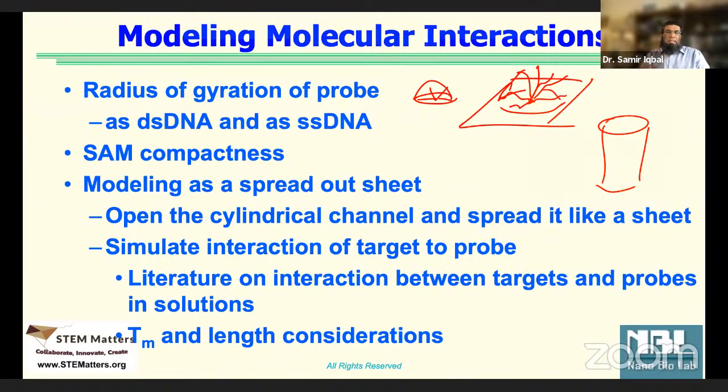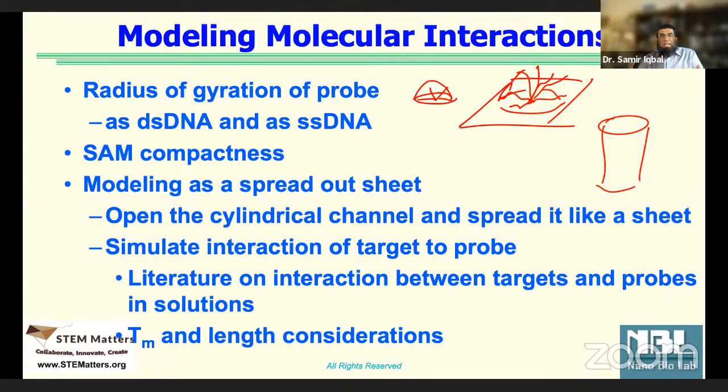There are different things that go into this. For example, if you're talking about a DNA molecule, we have a thing called radius of gyration: if it is standing, how far can it go around? Sometimes you want to put them very compact, sometimes less compact. So defining your SAM is not a fluke.